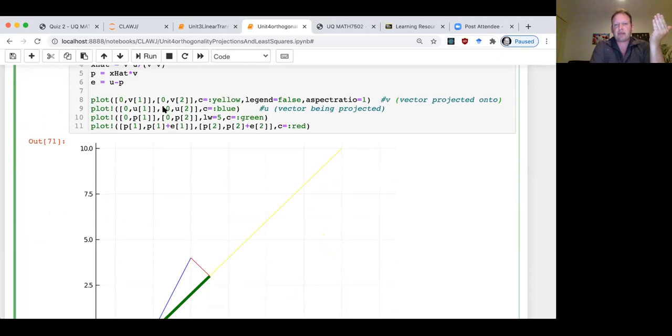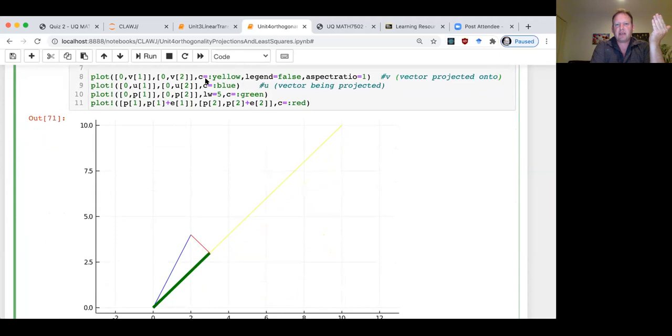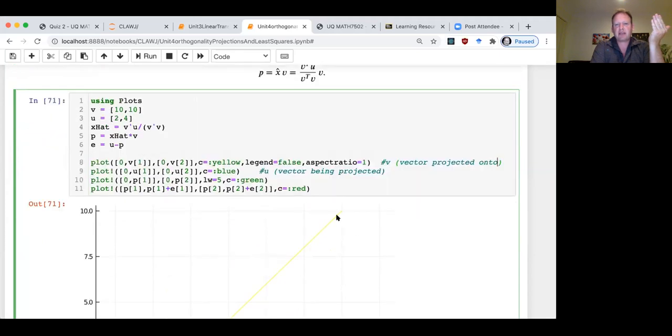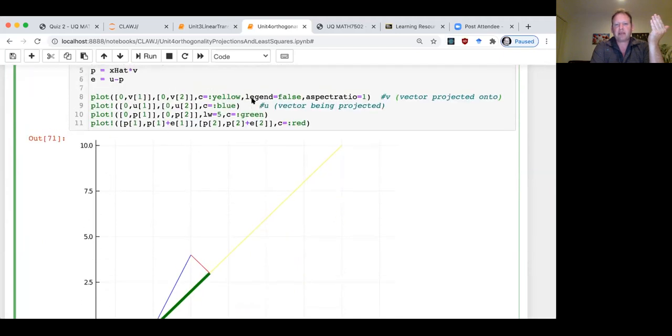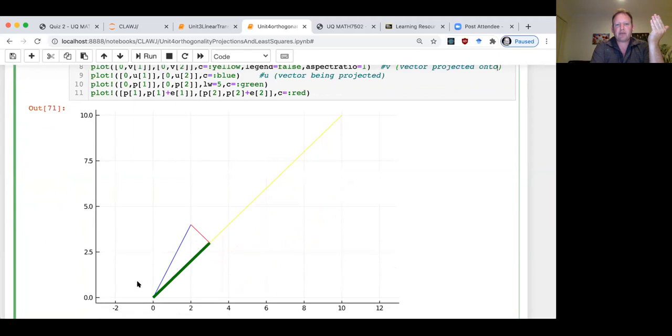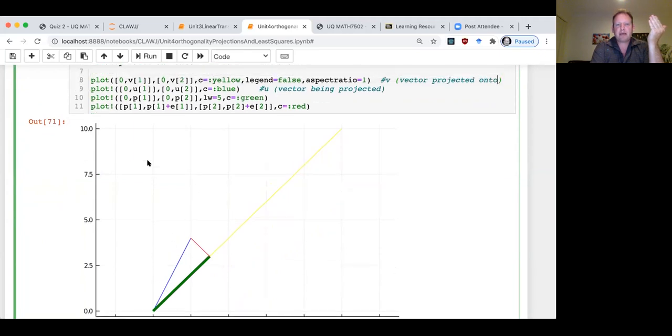So this is a vector v, this is a vector u. The vector v is in yellow, that's the vector 10, 10. The vector u is the vector in blue, that's the vector 2, 4. This is the vector p, the actual projection, and that's this green line.